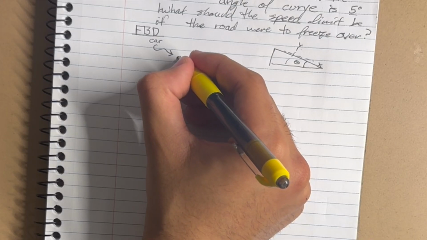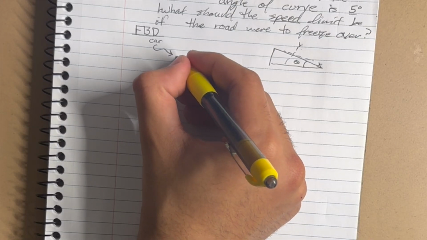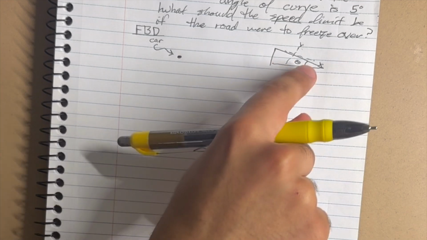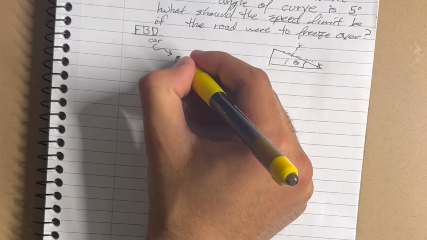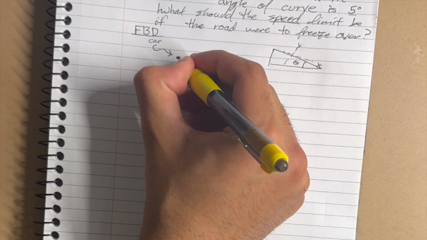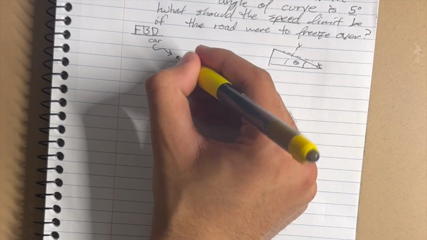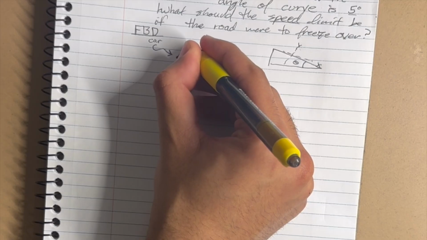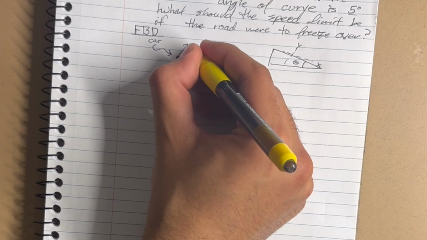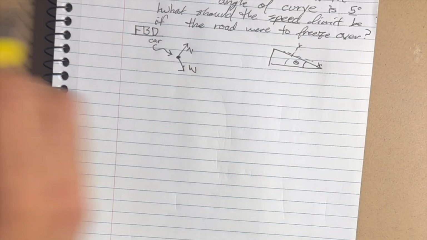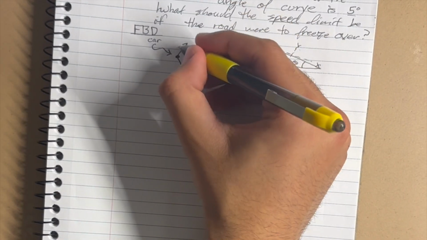So our forces are no longer friction. Friction was what was stopping us from sliding down the hill. Our forces are gravity, which is our weight force, and the normal force, which is pushing us up. Sorry, I'm at an angle to my paper.